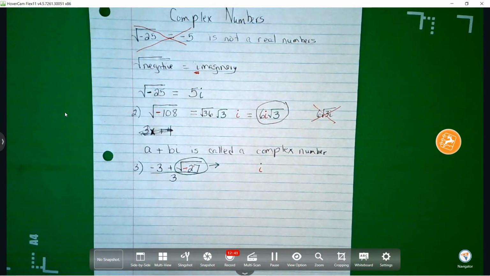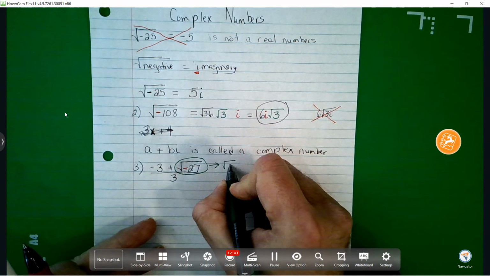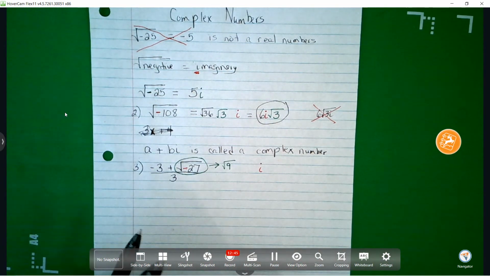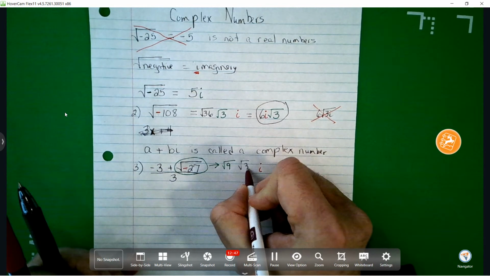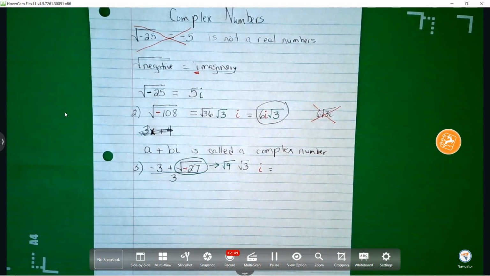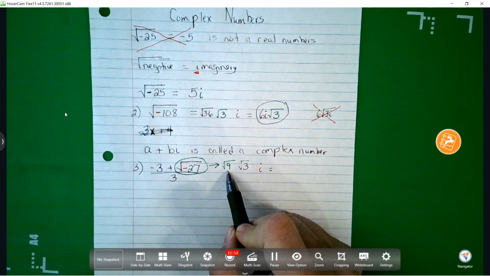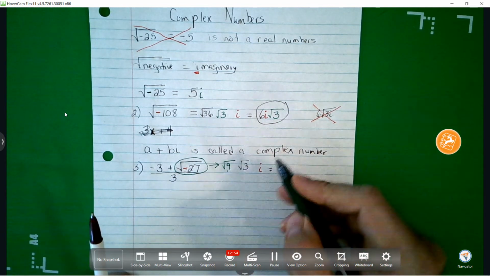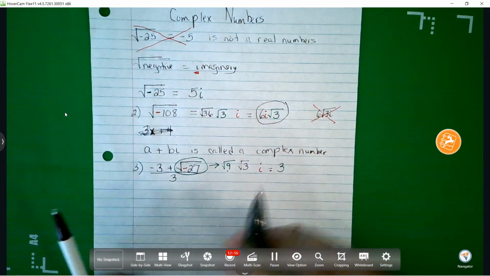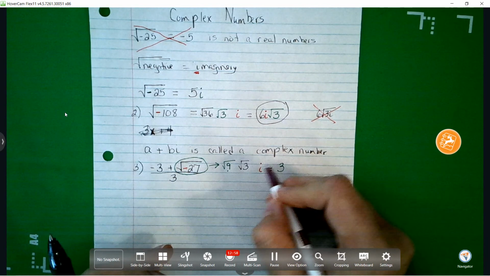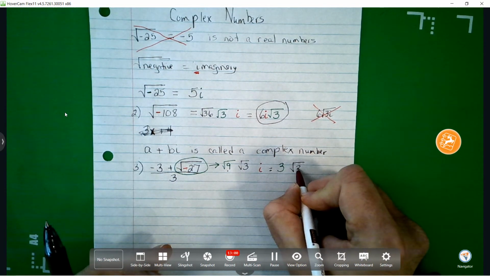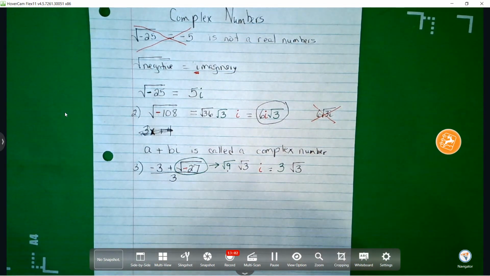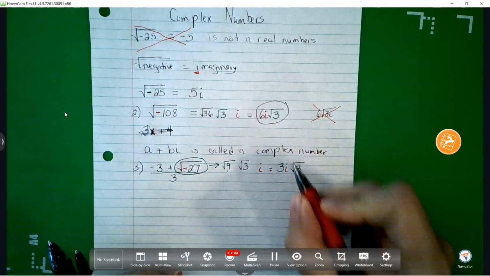So we think of this as the square root of 9 times the square root of 3. And we can rewrite that by replacing the square root of 9. That green square root of 9 can be a green 3. We still have the square root of 3. Remember where you put the i? Right in front of it.